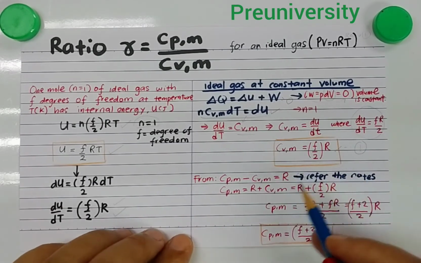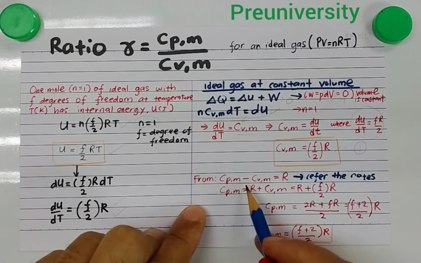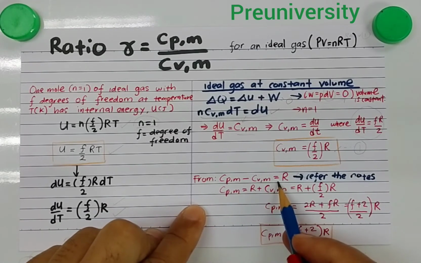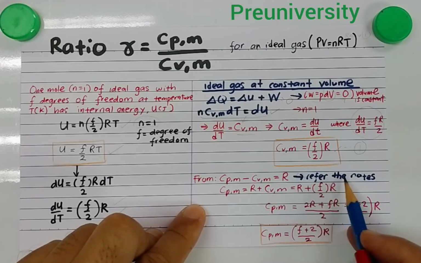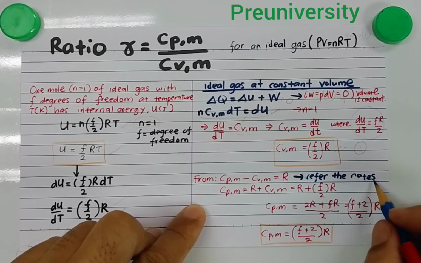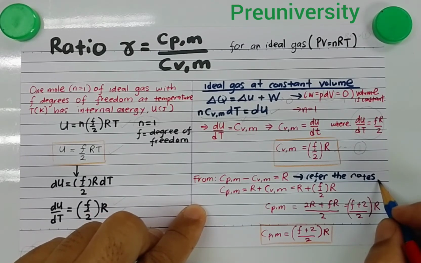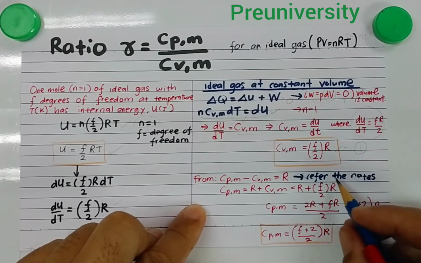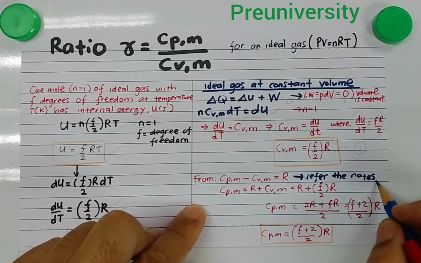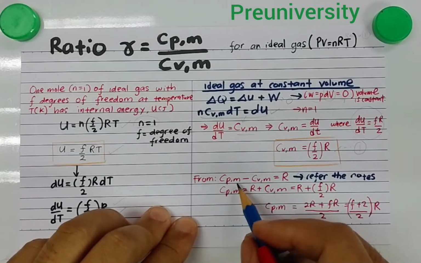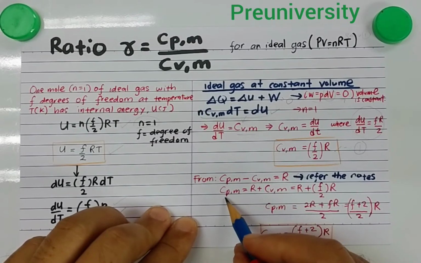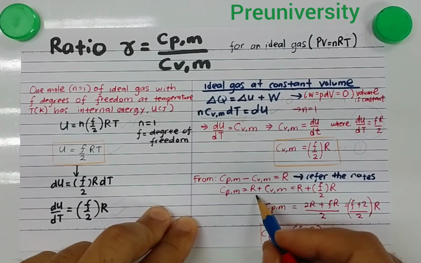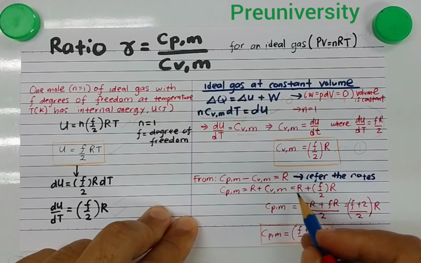So we continue. From CPM minus CVM is equal to R, the students need to refer to the notes. Please refer to the notes. CPM minus CVM equals R. Then we can write CPM equals R plus CVM.